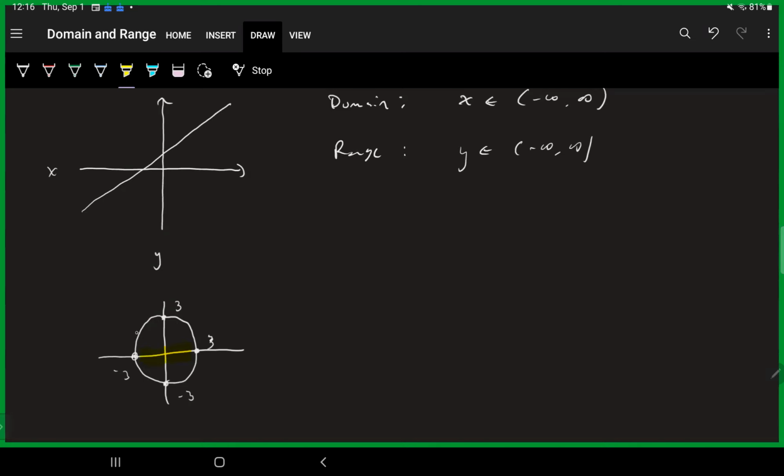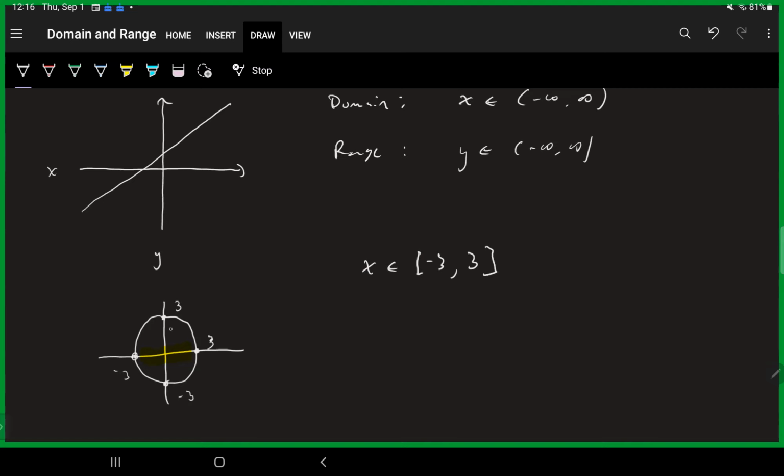And so what I'm looking for is I'm looking at the x-axis, and I'm looking, are there any y values that correspond to any of those points? And I notice that when I'm drawing a circle, my x values on the circle are going to lie between -3 and 3. They're going to include, so x belongs to -3 to 3.